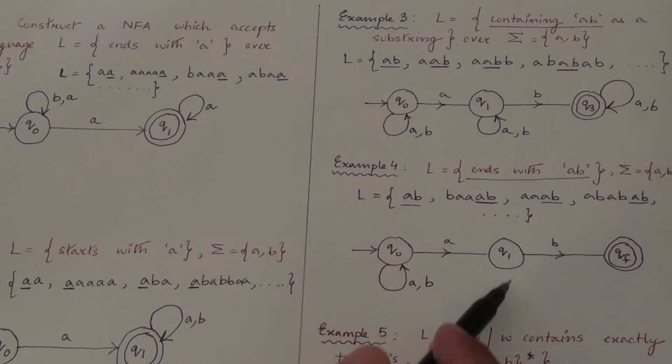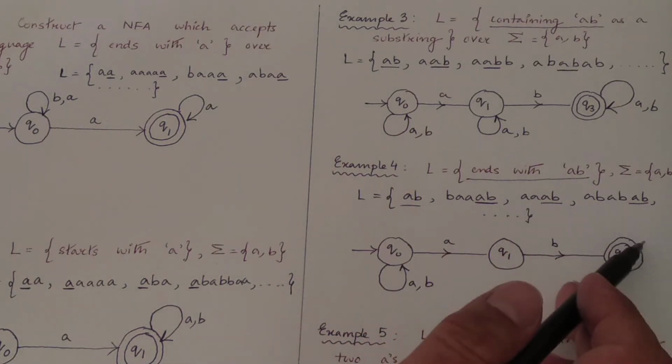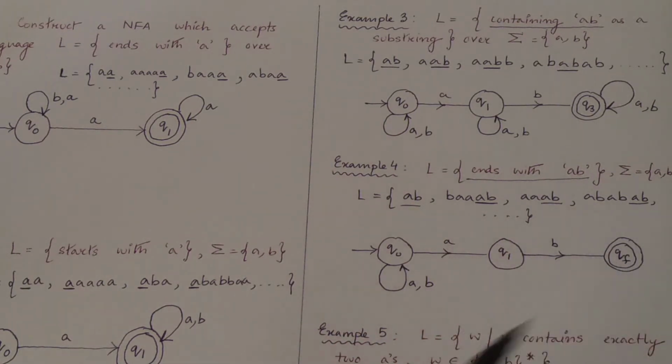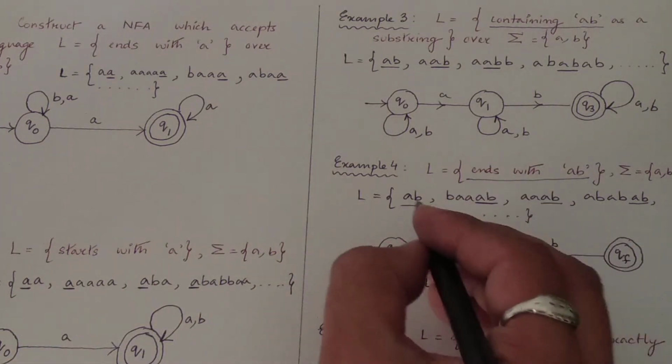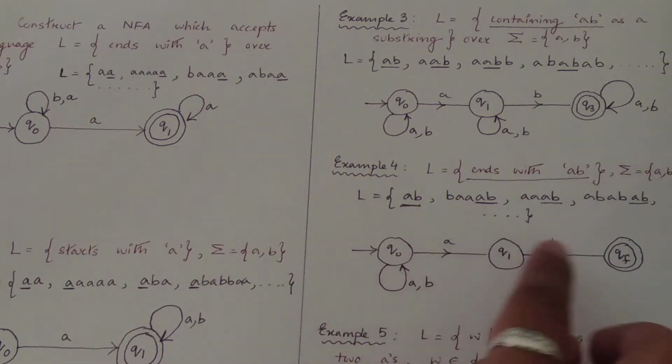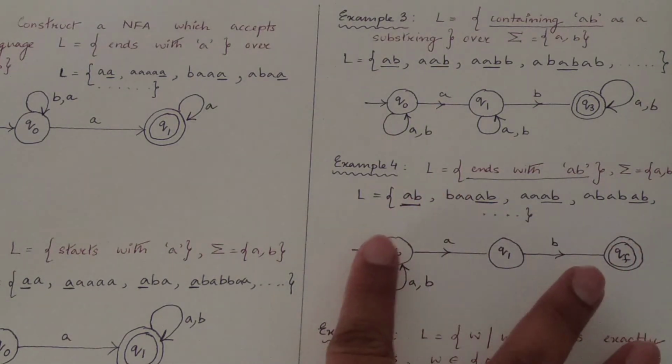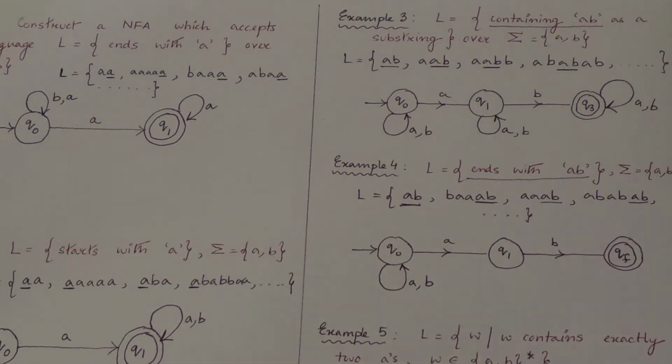No need to put any self loop over here. You cannot put any self loop over here either, correct? That is not possible. So this is the perfect diagram, because we just need to ensure AB is at the end, and before AB there can be any possible combination. So better to take a self loop, and everything will be satisfied.